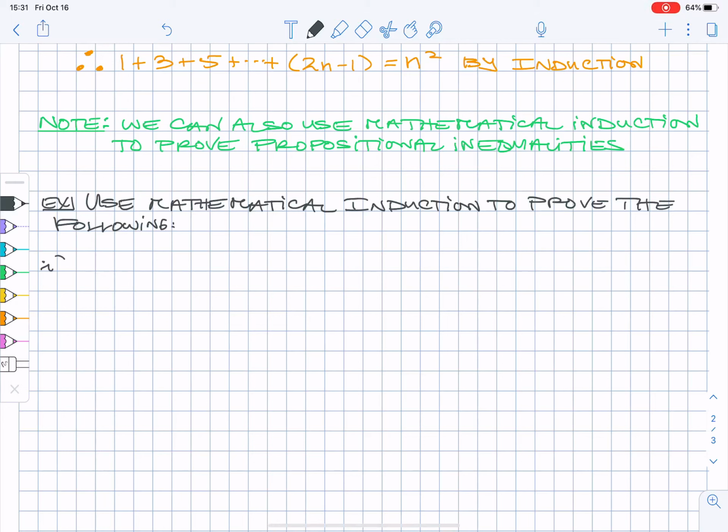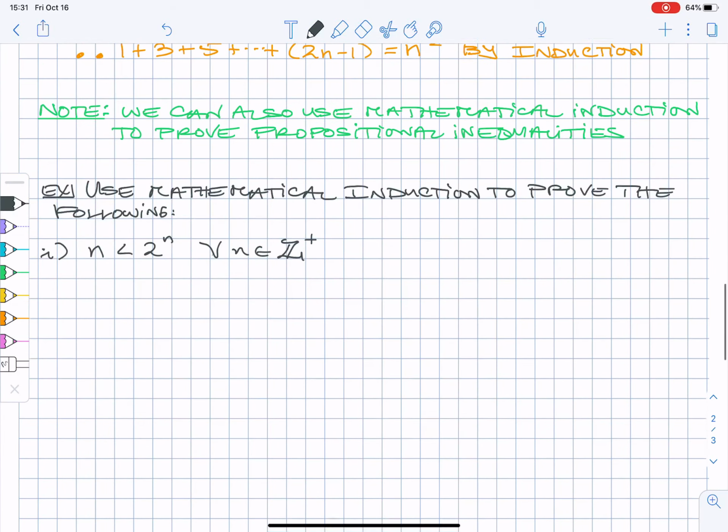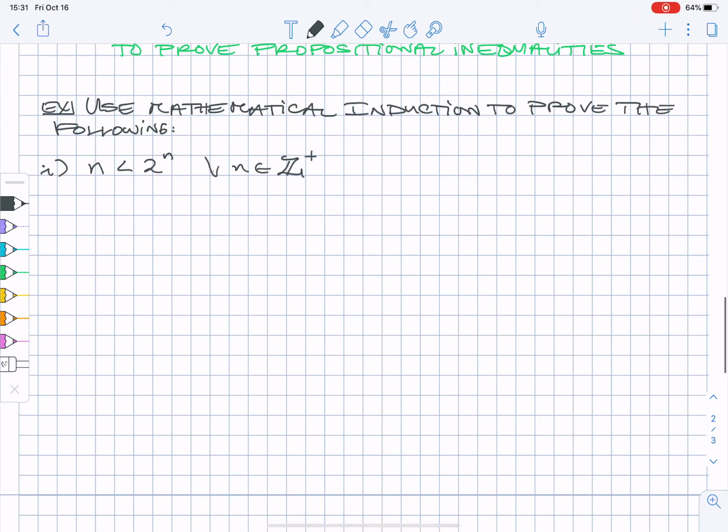Okay, so number one, let's say, pardon me, that n is strictly less than 2 to the n for all positive integers n. Wow, I'm having issues writing for all today. So for all positive integers n.